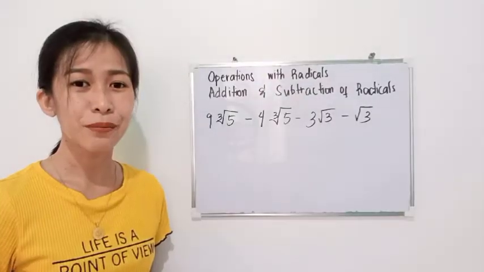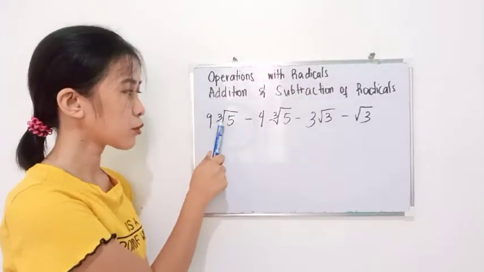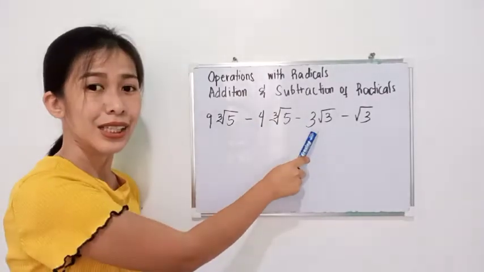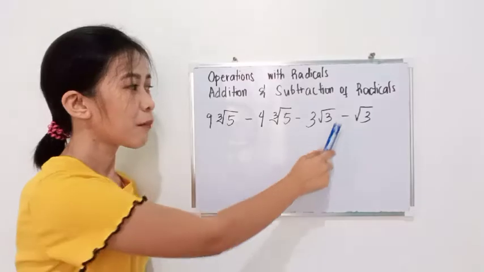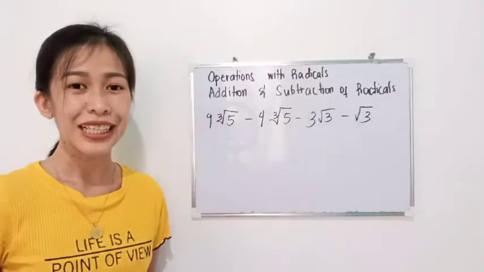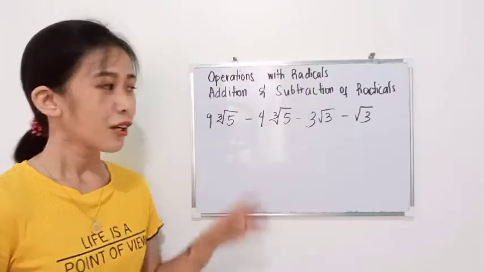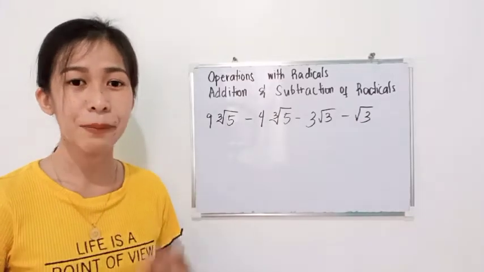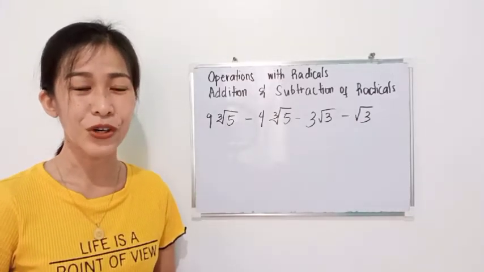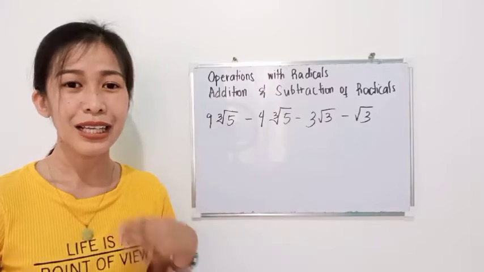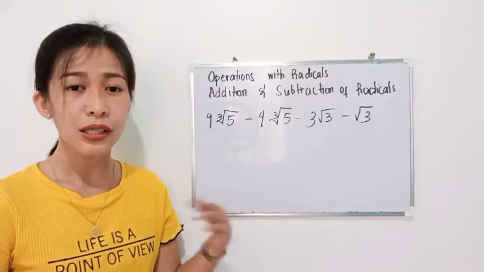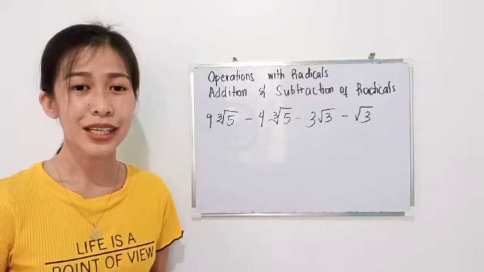So, for our example number 3, we have 9 cube root of 5 minus 4 cube root of 5 minus 3 square root of 3 minus square root of 3. So, take note of this also. When you are given a problem this long, we should always know the process. So, what is the process? We can only add or subtract them when they have the same radicals.